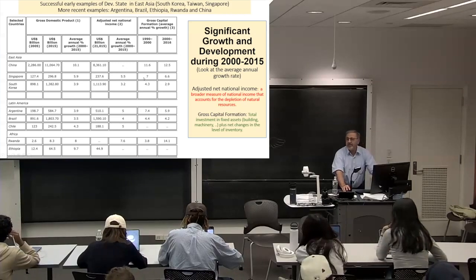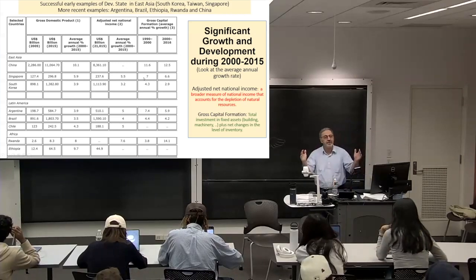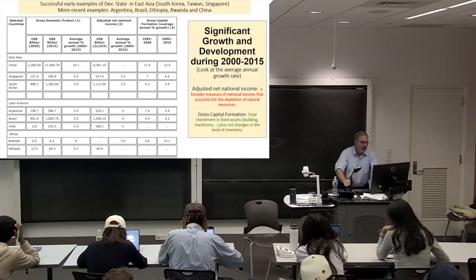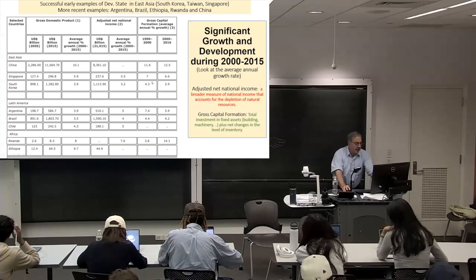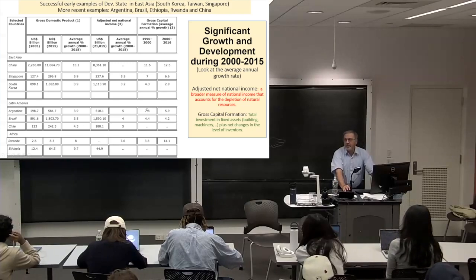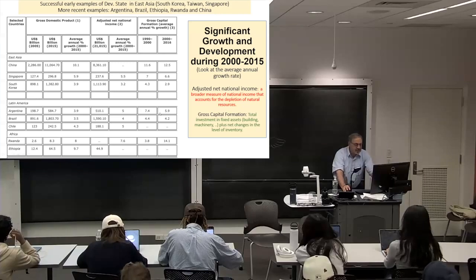They are the countries that started their developmental state period earlier. That's why we observed a record of higher numbers for them. But in all of them, the good record in terms of growth of investment, meaning capital formation, is visible in this table.